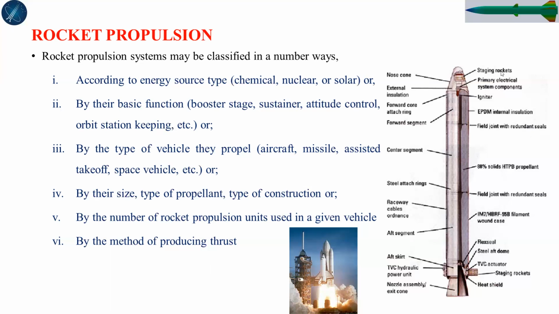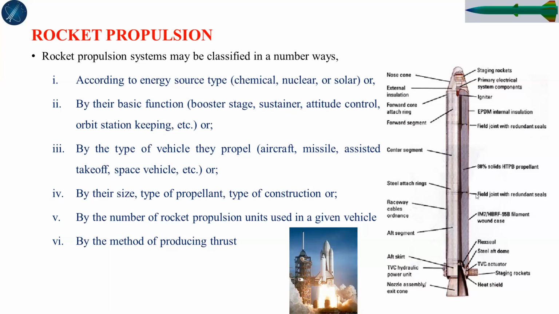So this is a simple constructional feature of a particular rocket. You can see the nozzle here, and the nozzle consists of a number of constructional features. Again, there are some stages. For example, this is a two-stage or three-stage rocket.